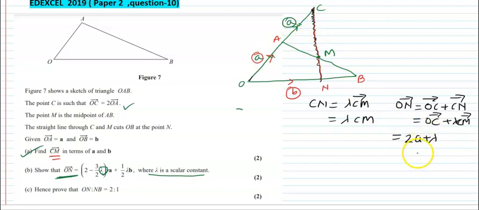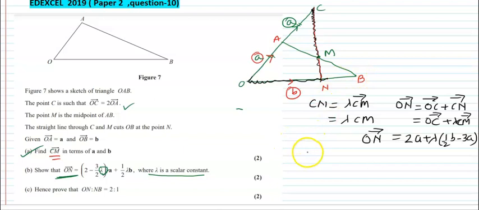And CM we have just found, it should be half of b minus 3a. So this is what we got, this is our ON. Now ON is O to N. If you see, this O to N is some scalar multiple of OB as well.